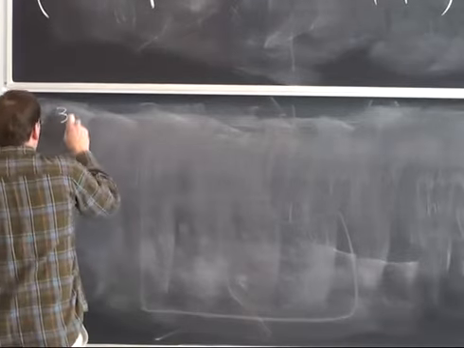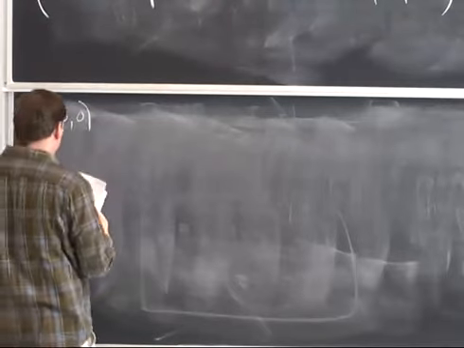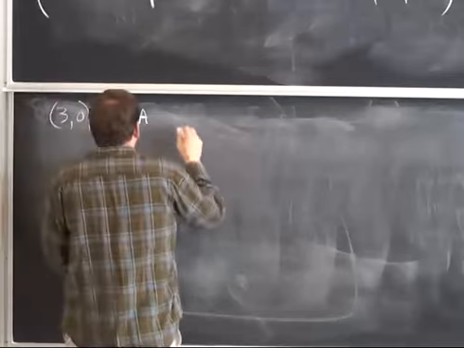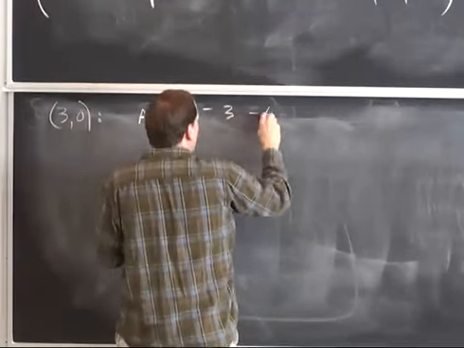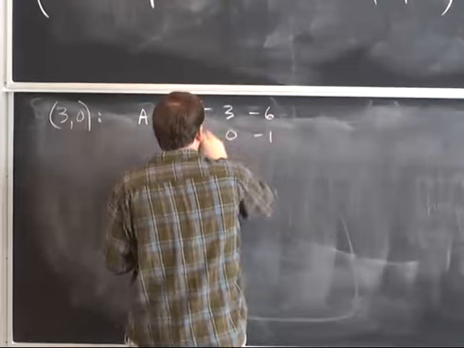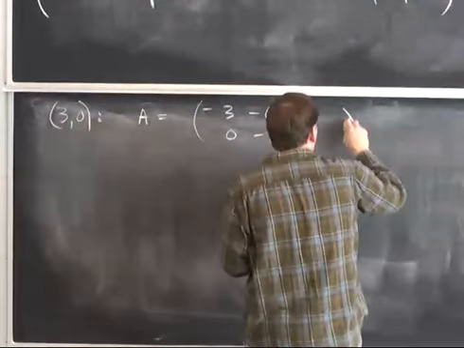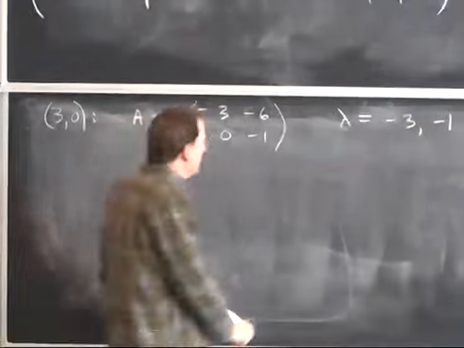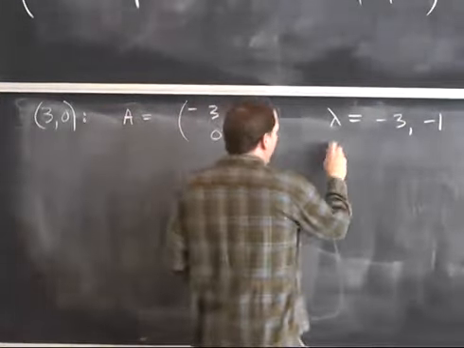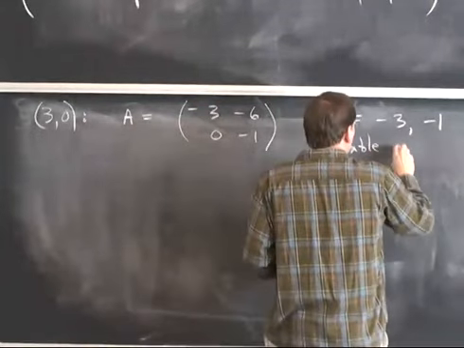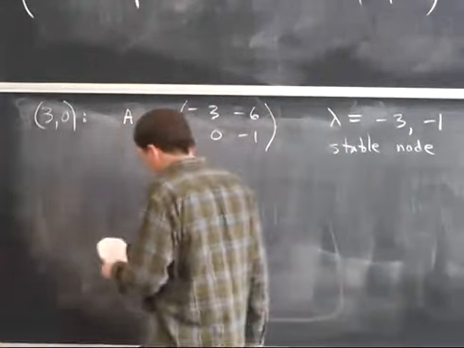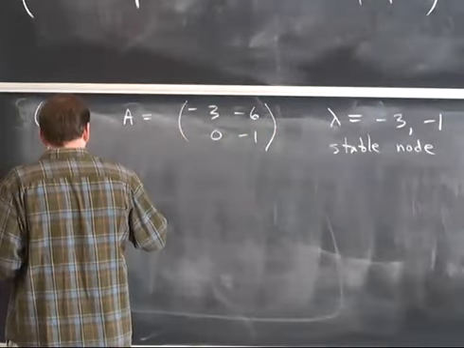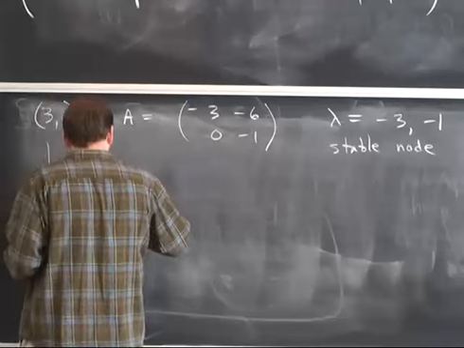All right, 3, 0. Well, there, the A is -3, -6, 0, -1. Another triangular matrix. It has lambda of -3 and -1. Again, a stable node. And near that point, you can check that the flow looks about like this.